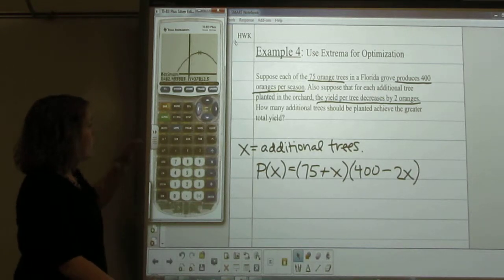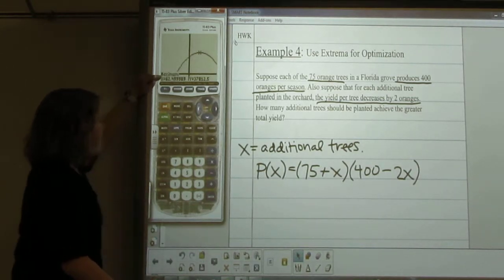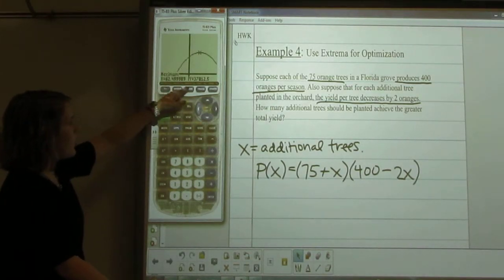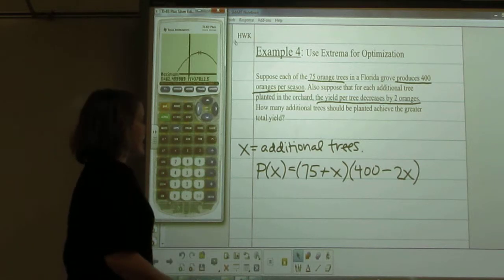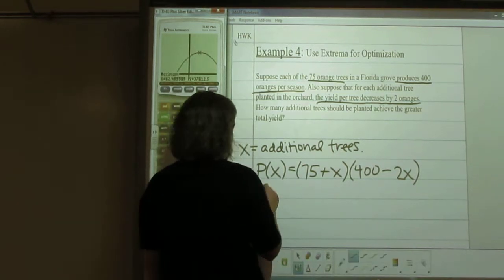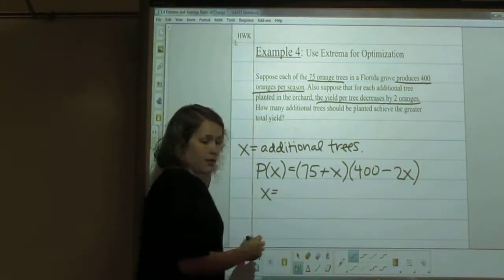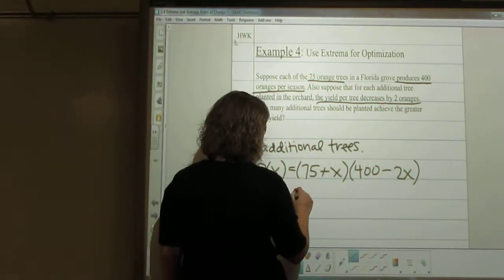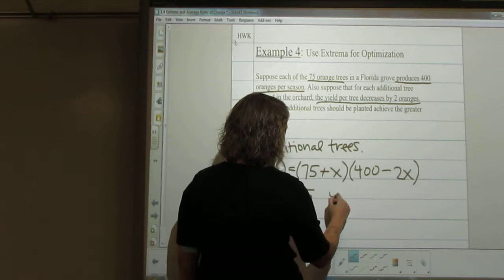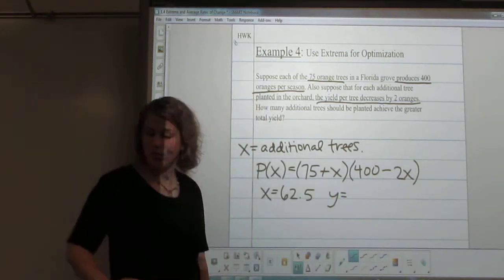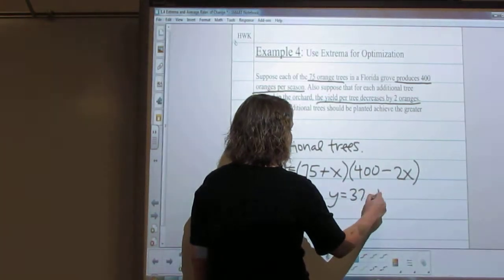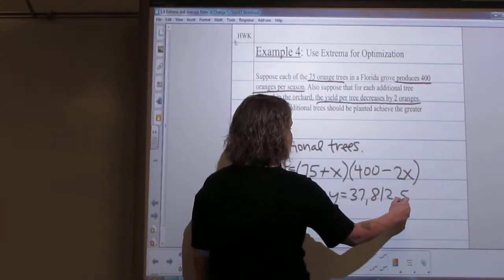And so on your calculator, it should say a maximum at x equals 62.5, and your y equals 37,812.5. So our x equals 62.5, and our y equals 37,812.5.